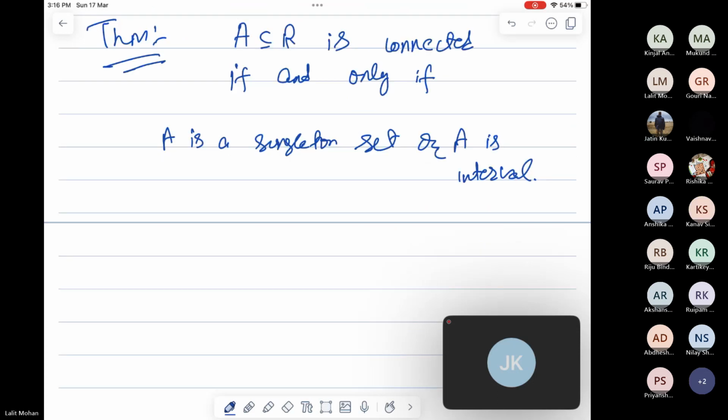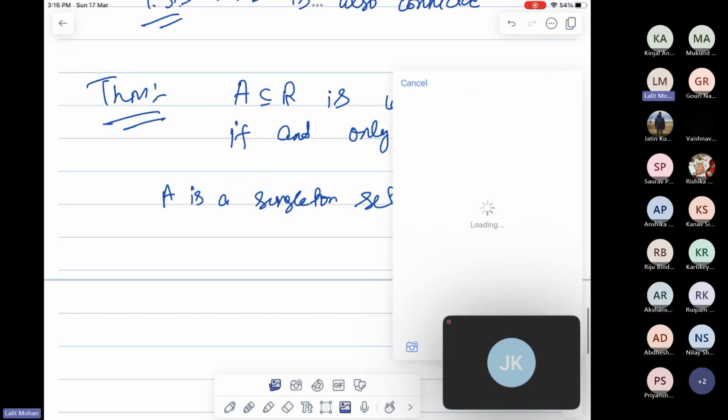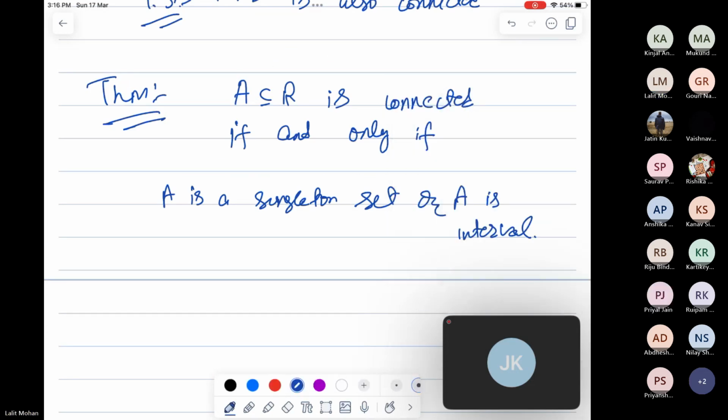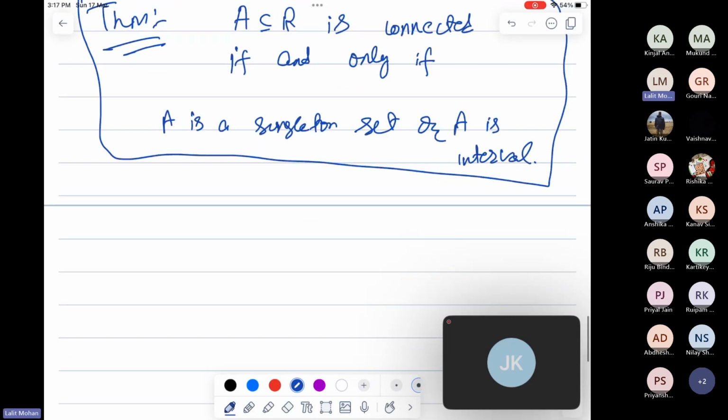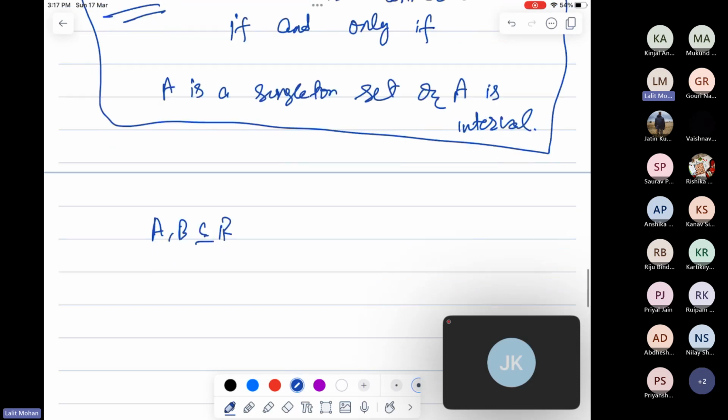Yes, sir. So we will use this theorem here. It is given that A and B are subsets of R which are connected.